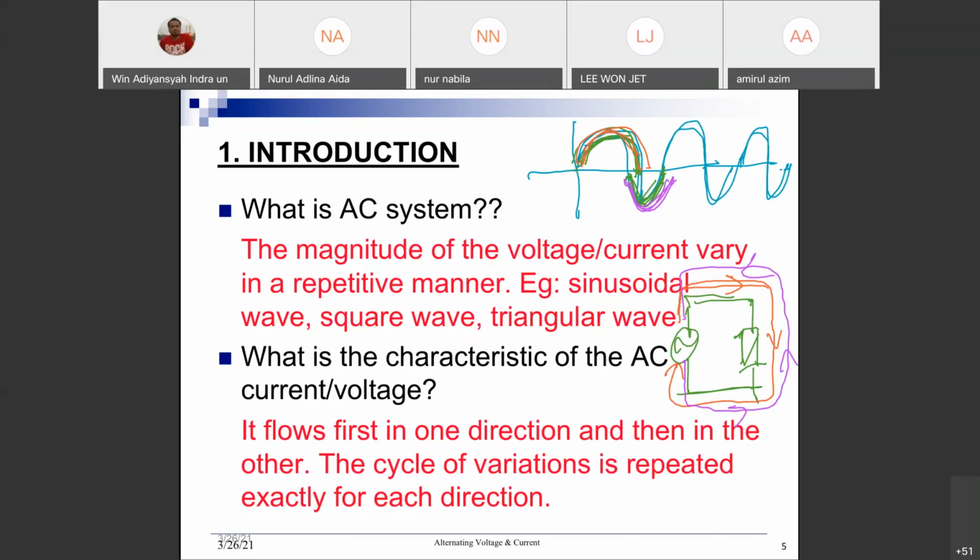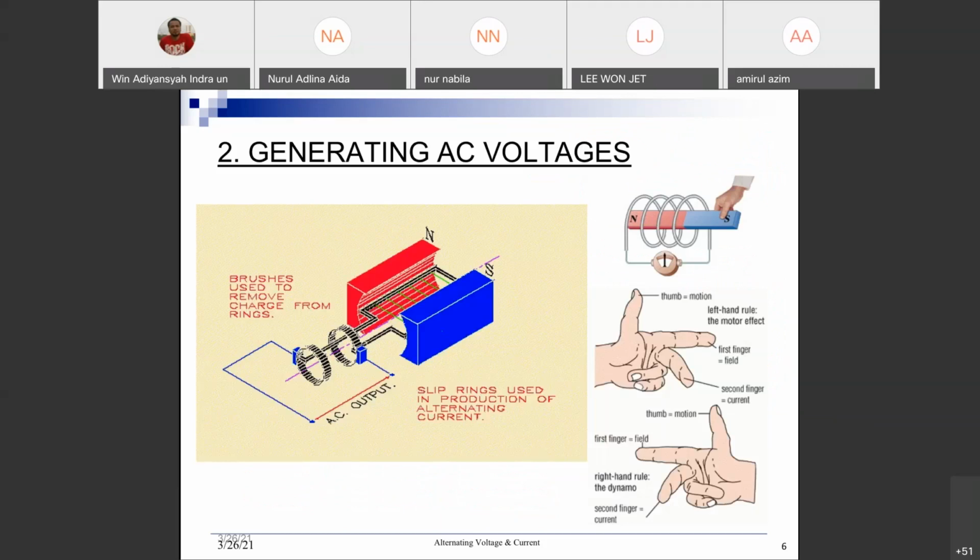Okay, let's proceed. This one is how we generate AC voltage. If you see the one in the middle here, it's a coil.